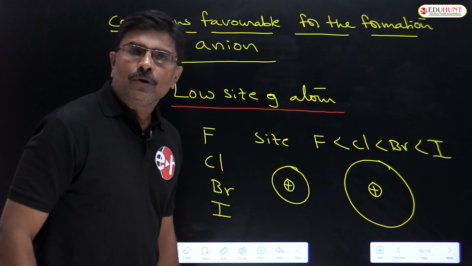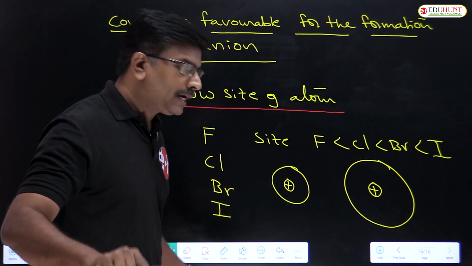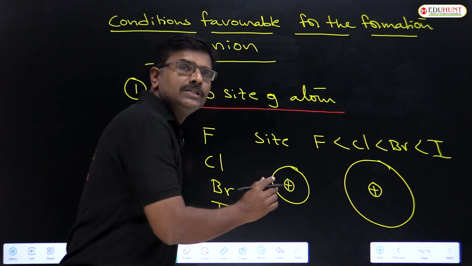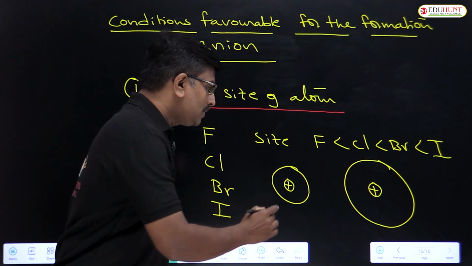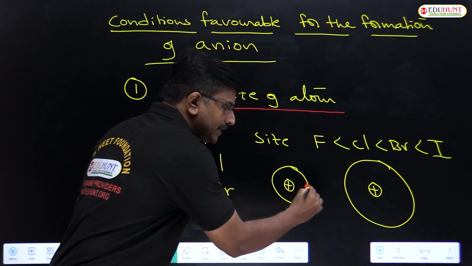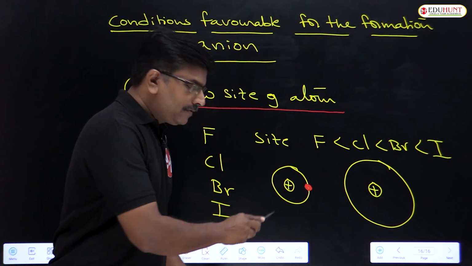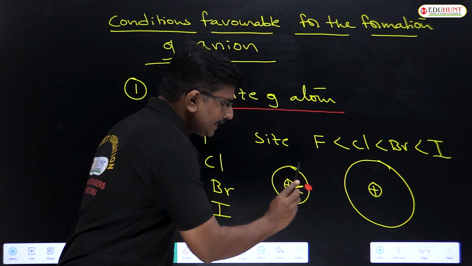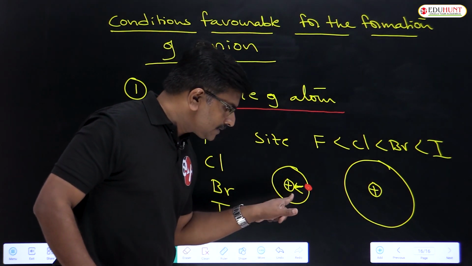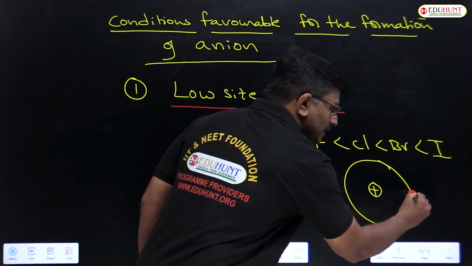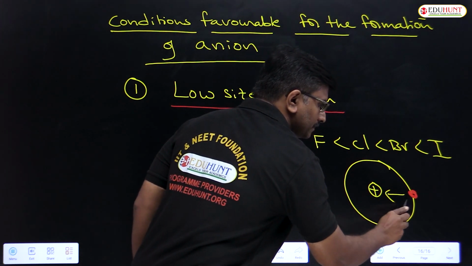If you want to introduce an electron to the neutral atom, it is better to introduce it to the atom which is having smaller size, so that the nucleus pull, between this nucleus and the electron, the nuclear attraction is more in this first case than the nuclear pull present over here.